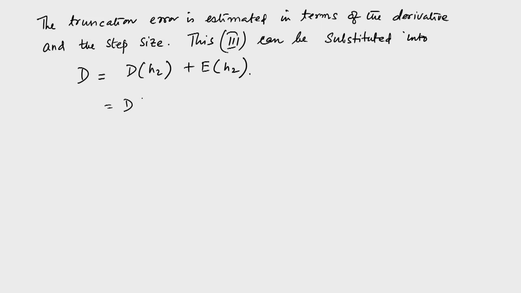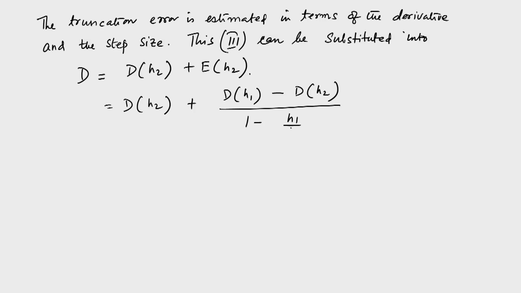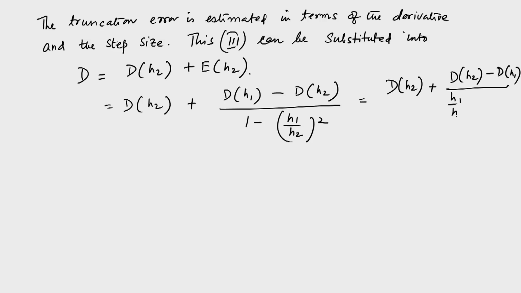So, this is equal to D(H2) + a[D(H1) - D(H2)] / [1 - (H1/H2)^2], or we can simply write it as D(H2) + a[D(H2) - D(H1)] / [(H1/H2)^2 - 1]. We can change the sign of both the numerator and denominator and can write it like this. Okay. So, this is the error associated with H2.